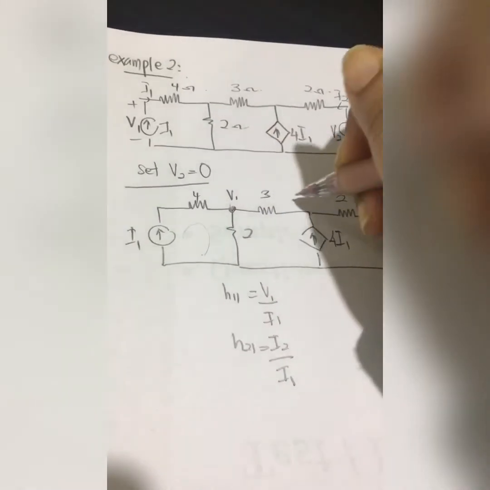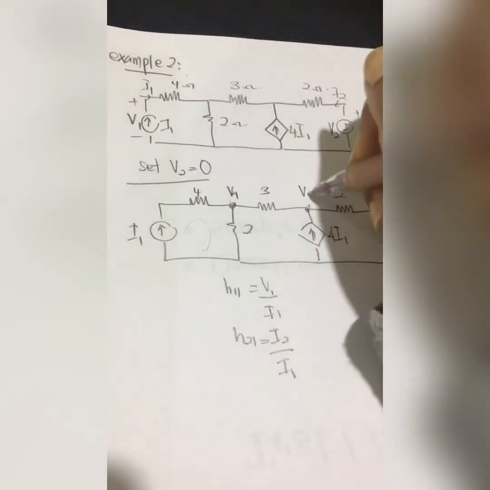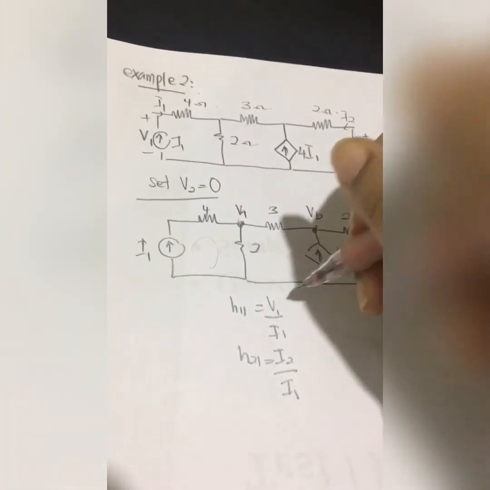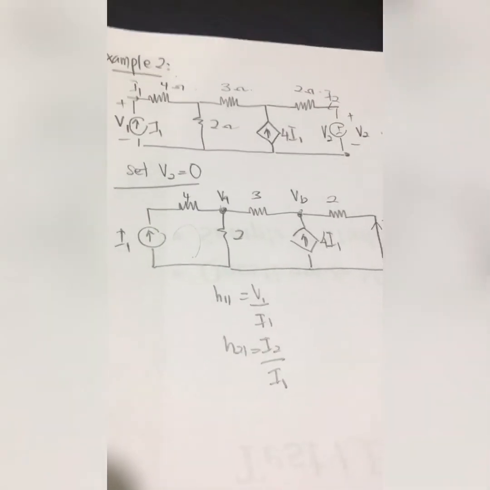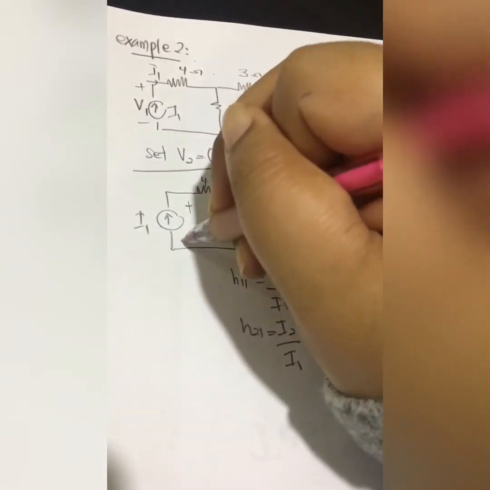So we set this node as VA and VB. Otherwise you will get confused with V1, since V1 should be here.